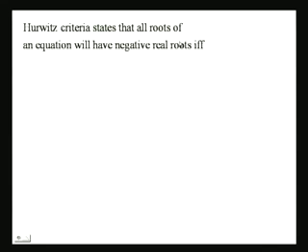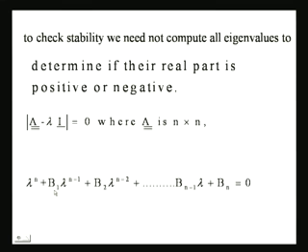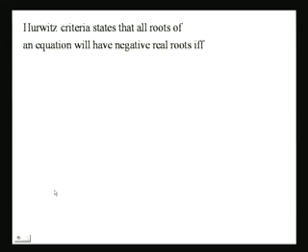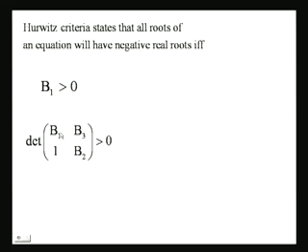The Hurwitz criterion states that all roots of an equation will have negative real parts if the first coefficient b1 is greater than 0, and what is the other one? Do any of you remember? The determinant of b1, b3, 1, b2, that is, you go this way, 1, b1, b2, b3, like this, is greater than 0. Okay.